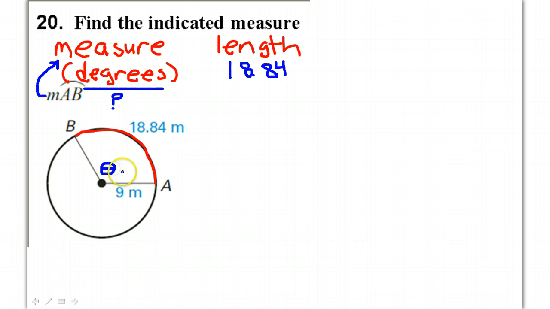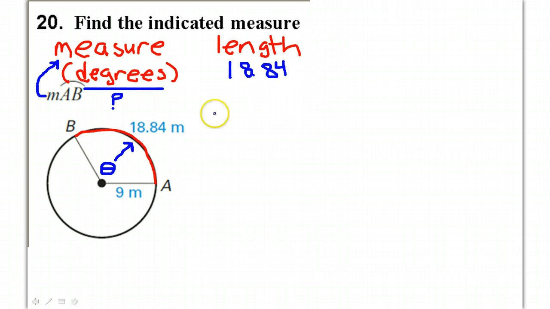That's the Greek letter theta, T-H-E-T-A. We do not know what the degrees are. That's basically what we're being asked to find. This theta is going to be the same thing as the measure of arc AB. Okay, so we're being asked to find the measure. We are being asked to find the angle, the degrees.